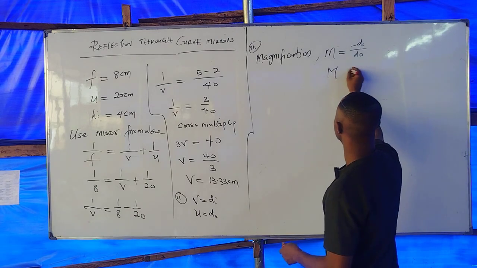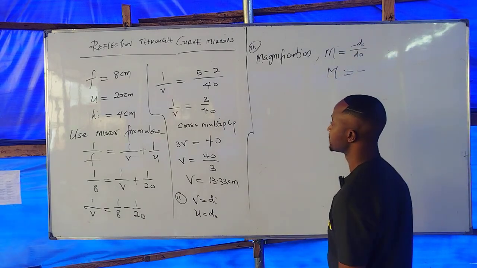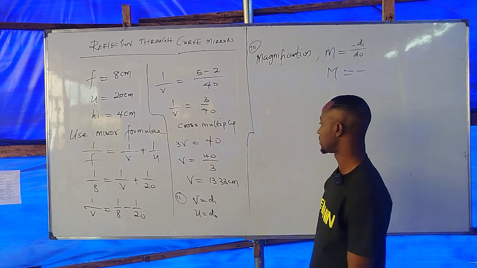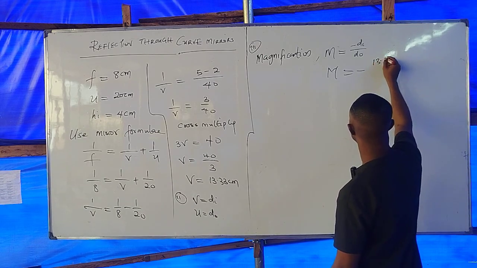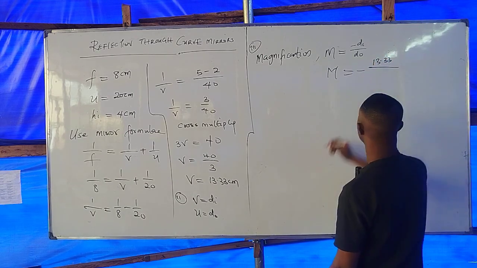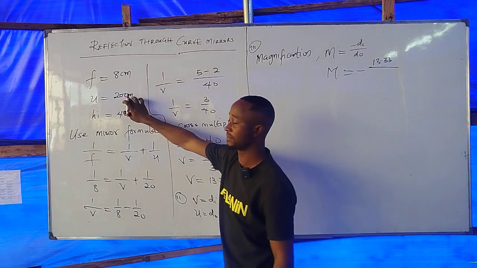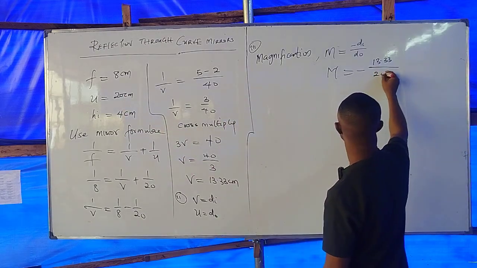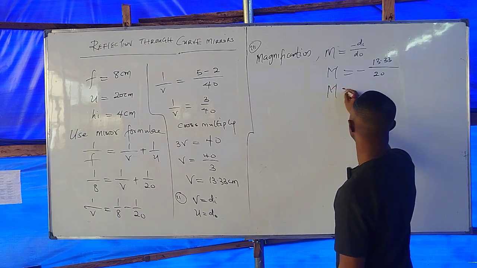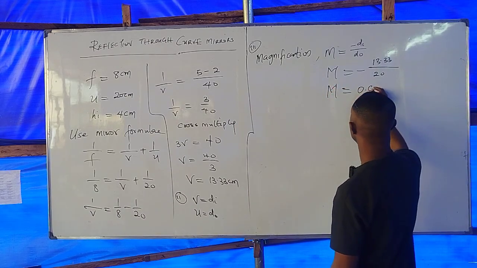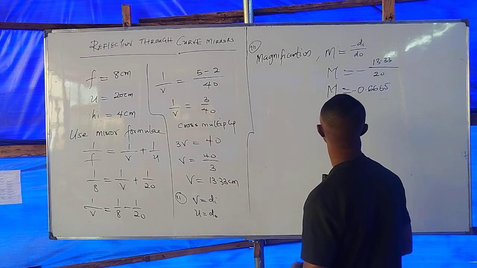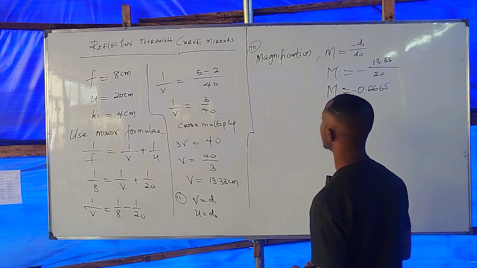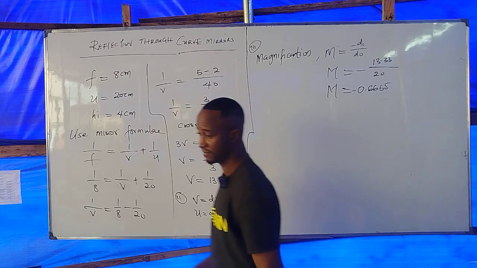M is minus DI over DO. DI is 13.33 and DO is 20. When you divide, what do you have? 0.6665.